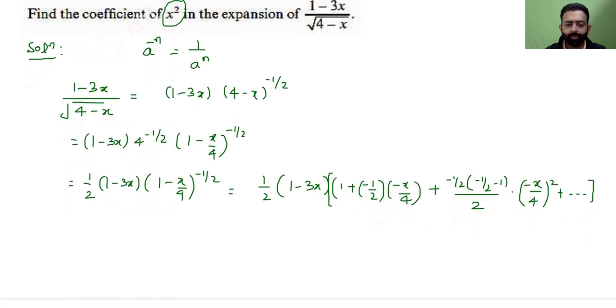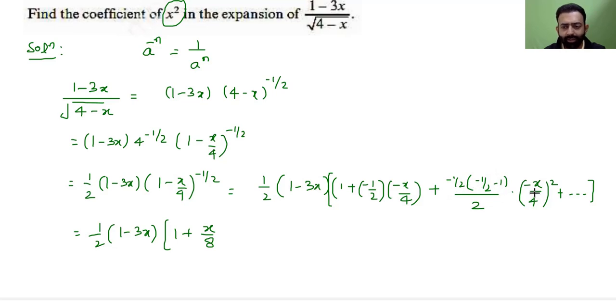Now let us quickly simplify this. It is half into 1 minus 3x into, this is plus x by 8, so 1 plus x over 8. Now be careful to simplify this. It is minus half minus 1 is minus 3 by 2. Minus 3 by 2 into minus 1 by 2 is plus 3 by 4, and in the denominator we have 2, so this is basically plus 3 by 8.